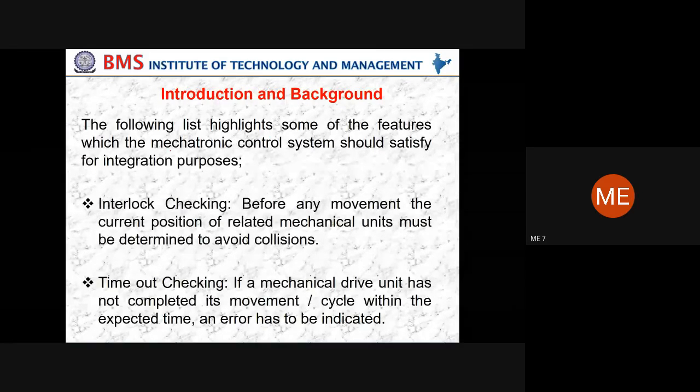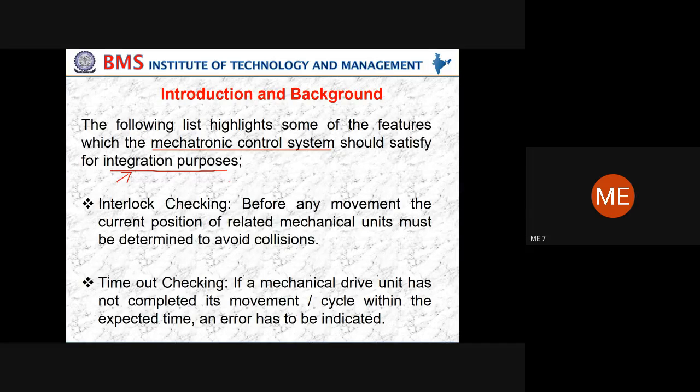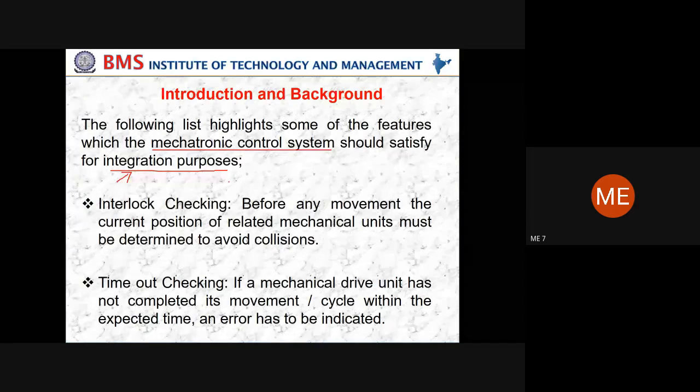The following list highlights some of the features the mechatronics control system should satisfy for integration purposes. Integration is as simple as connecting. I told you in the very beginning the definition of mechatronics: it is a synergistic integration of the mechanical discipline with other disciplines in order to process or manufacture components.